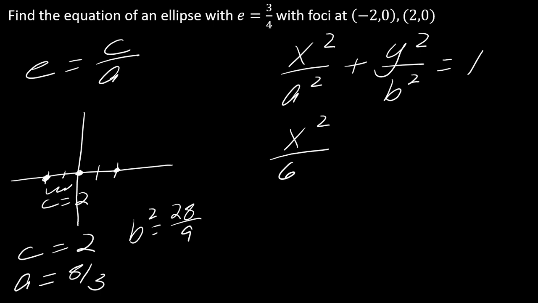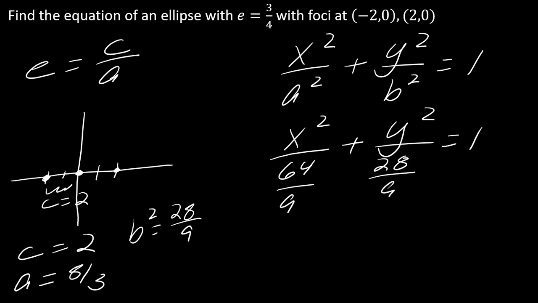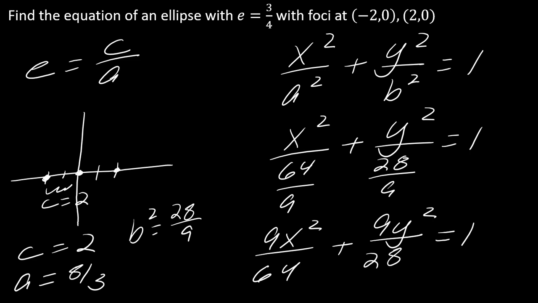So 8 over 3 squared is 64 over 9 plus y squared over 28 over 9 equals 1. What you're going to do is take the reciprocal of this so that this doesn't look so jarring. So this actually becomes 9x squared over 64 plus 9y squared over 28 equals 1. And now that looks much better. And that would be the equation in this case.